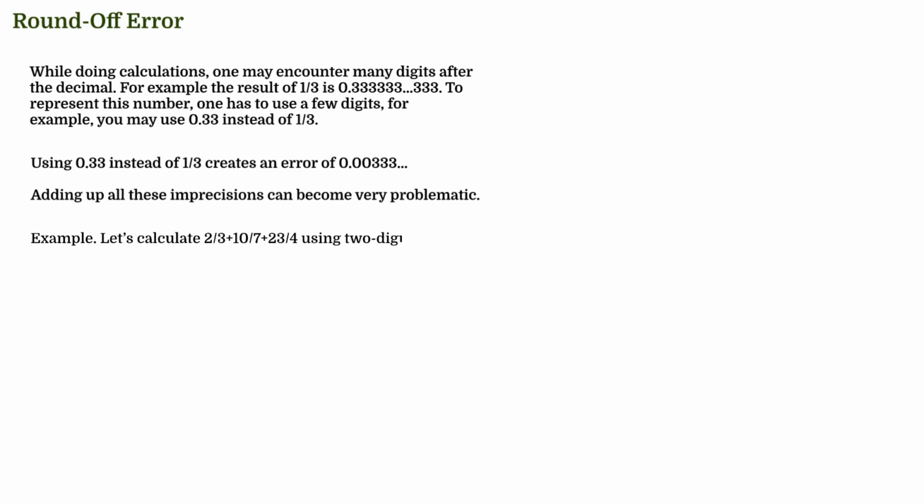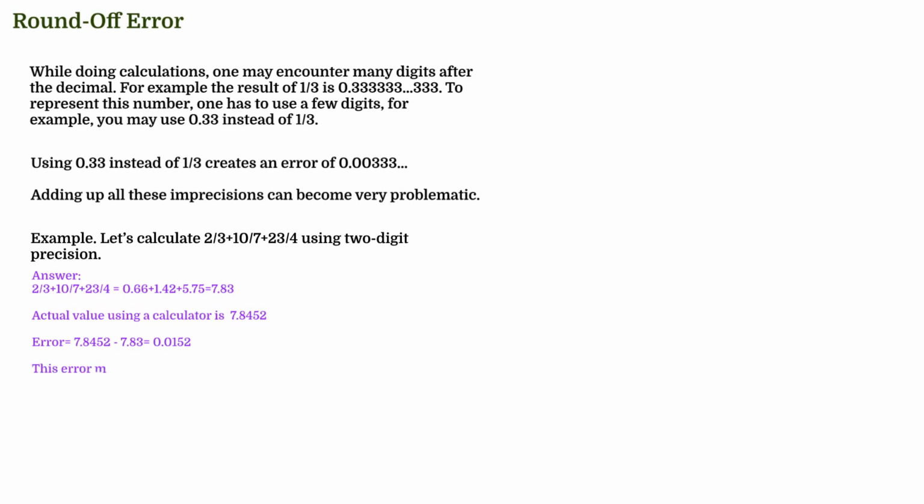Here's an example. Let's calculate 2 over 3 plus 10 over 7 plus 23 over 4 using 2-digit precision. Here's the answer. 2 over 3 plus 10 over 7 plus 23 over 4 is 0.66 plus 1.42 plus 5.75, which is 7.83. The actual value using a calculator is 7.8452. The error is 0.0152.